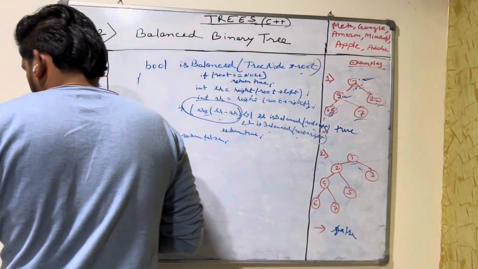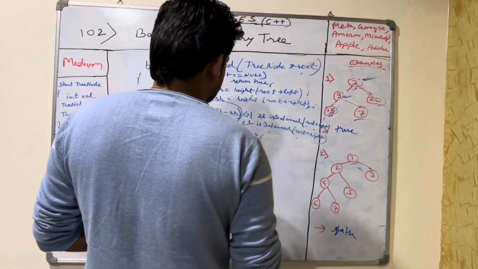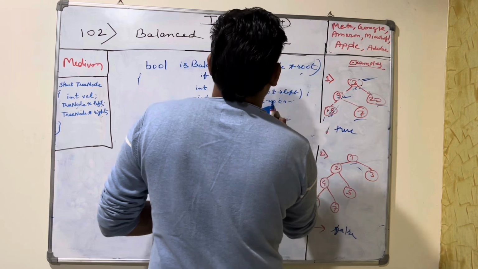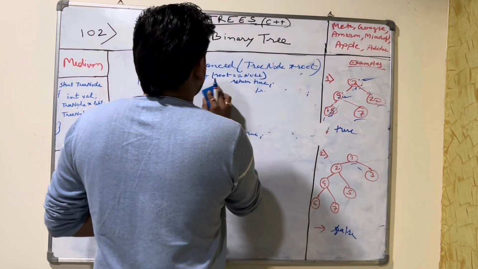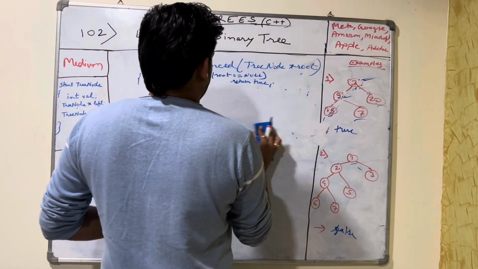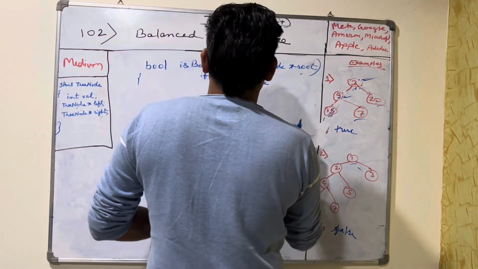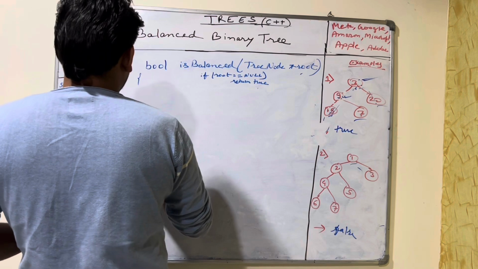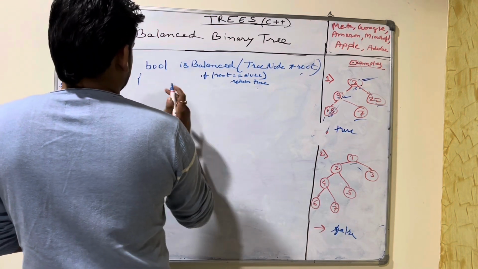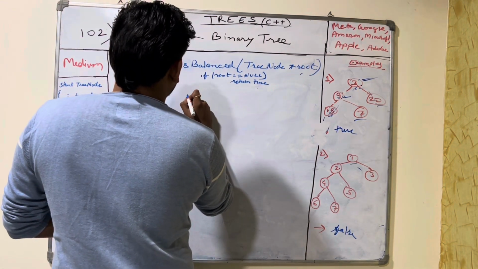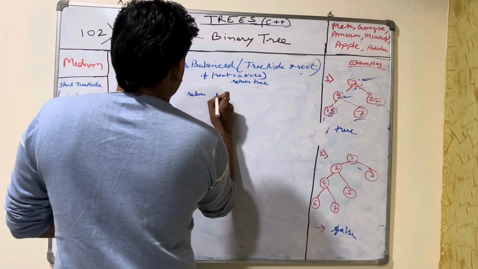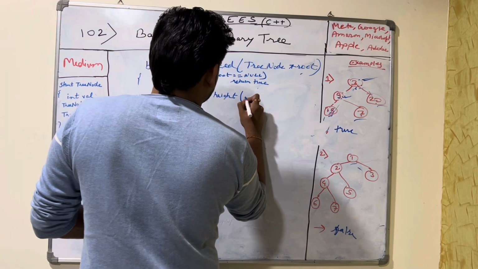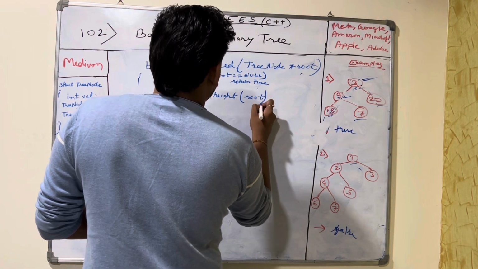So let's try what we can do. This is an order n square solution. Let's rub this. And now let's call a function, return height, and we pass root.